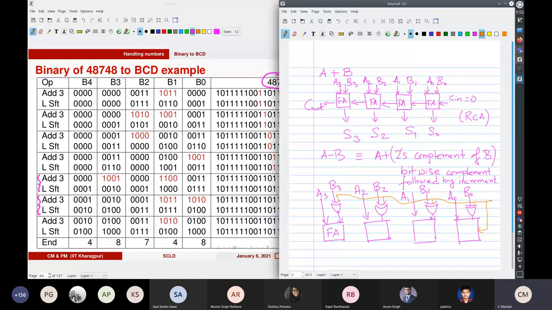This is for the increment. This is the increment part, and this is your subtraction control. Once you do that, you have the required output.